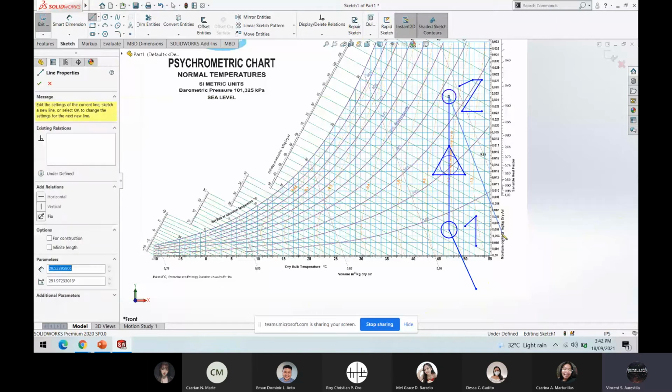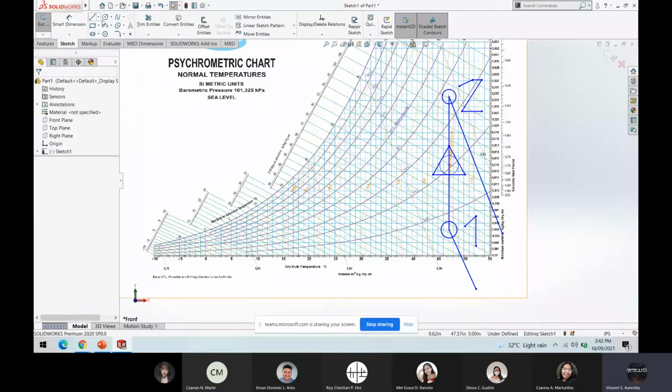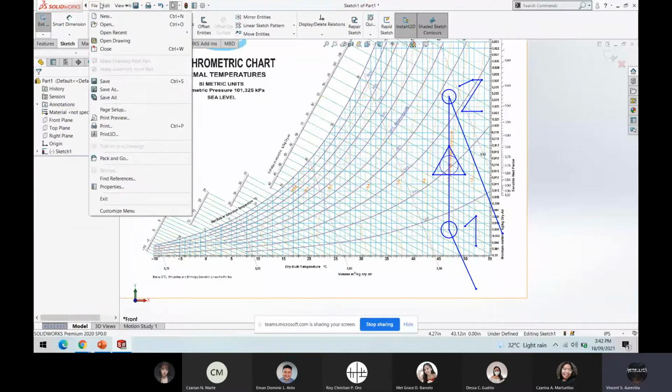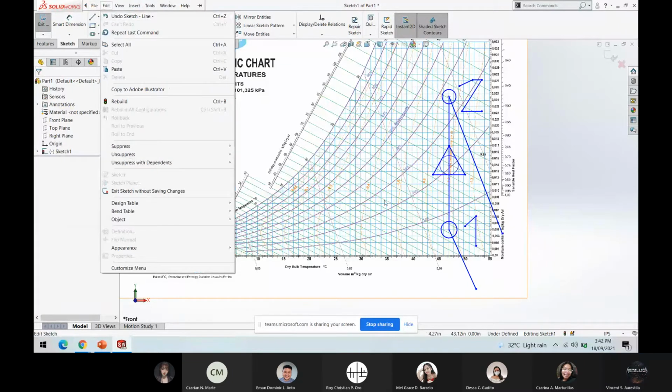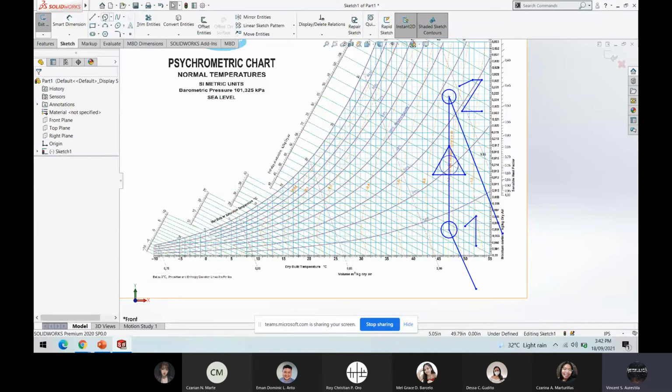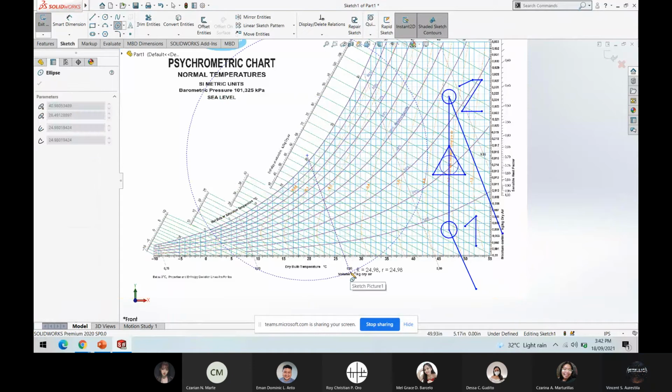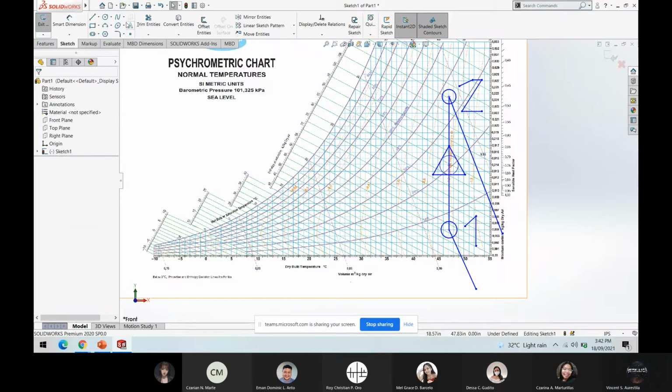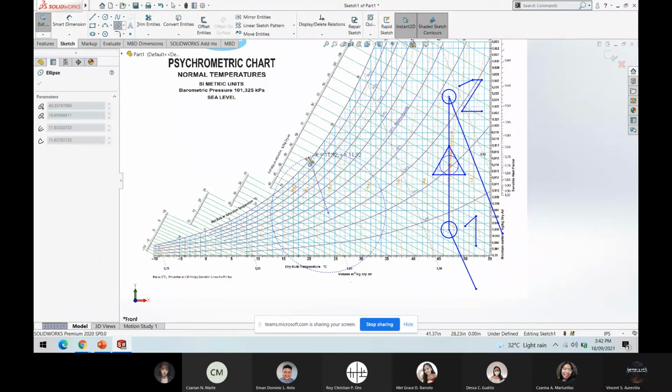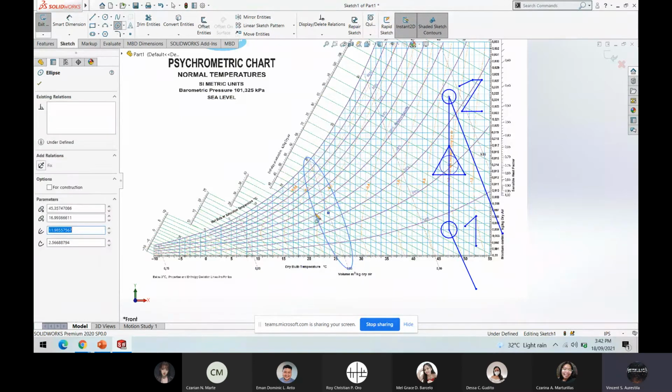In the psychrometric chart, you can see the values of the specific volumes on the broken diagonal lines. So that is the line for the specific volume.